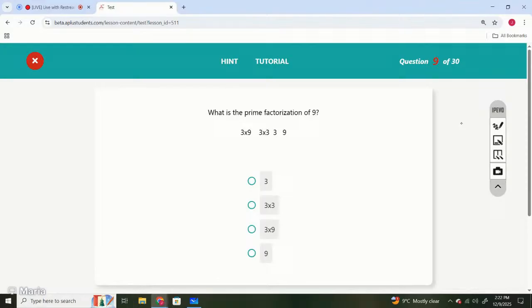Option number 2 is the correct option. What is the prime factorization of 6?